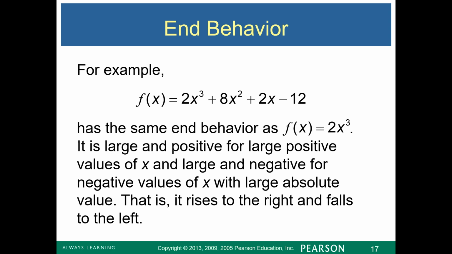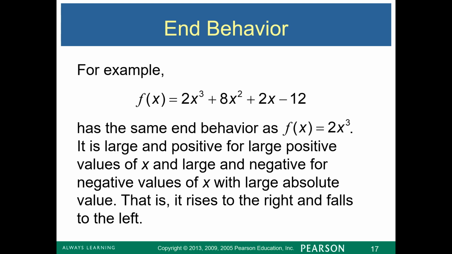The second term, 8x squared, has degree 2. 2x has degree 1. -12 has degree 0. So the term of greatest degree is 2x cubed, so the dominating term is 2x cubed. Does that make sense?